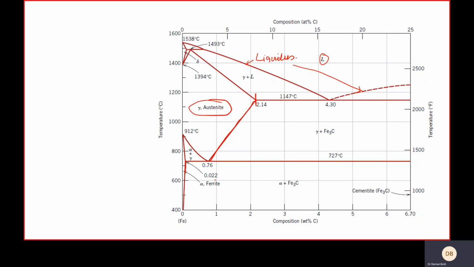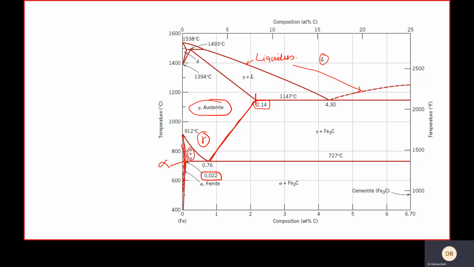The maximum solubility of carbon in alpha ferrite is just 0.022%, and in austenite it is 2.14%, which is around 100 times more. When I talk about this region only, this is the single phase region alpha. After that, you find two phases coexisting. Here I have the single phase region gamma.